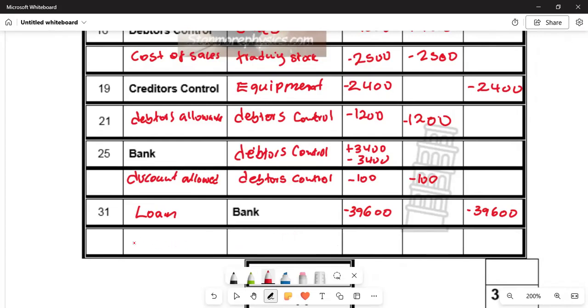So now we have interest on loan. Interest on loan of how much? 4,400. We have interest on loan debited, and then we have what? Bank credited.